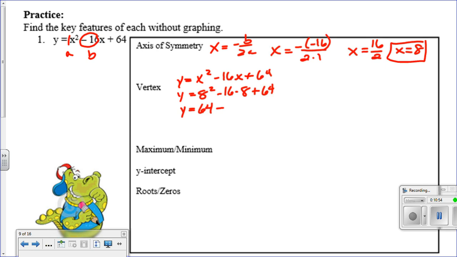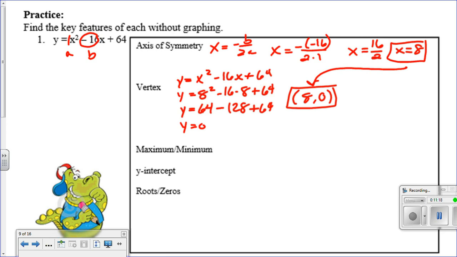And then we have 8 times 6. Okay, let's do the math here. So we have 128 plus 64. Lo and behold, that gives us 0. So your vertex is a point, and it's, take your 8 and you put it here, so 8, comma, 0.